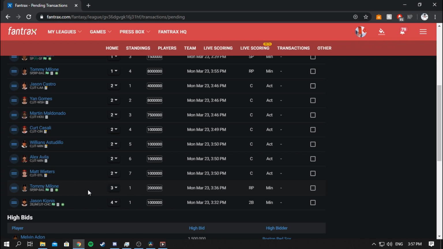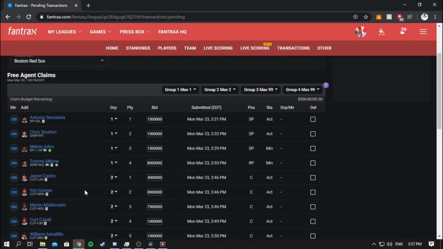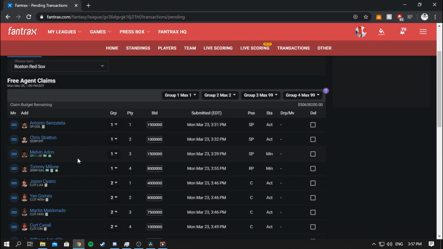If $2 million beats all the other teams, then that'll go in. If $2 million isn't the winning bid, and I don't get my first three choices over here, then it'll try and get me Tommy Malone for $8. That'll be kind of a last resort, like I'm getting desperate because I didn't get any other pitchers I was after.